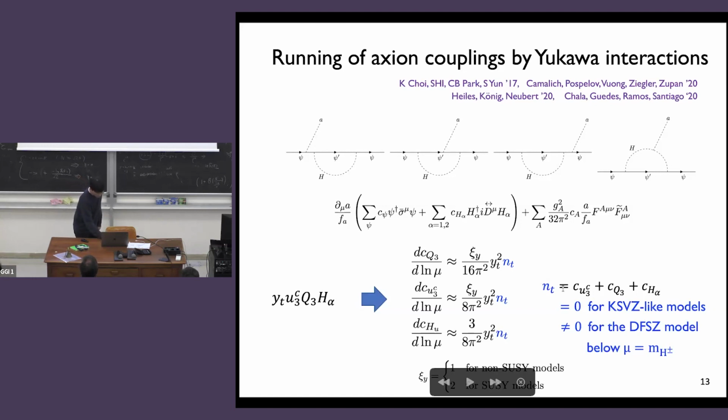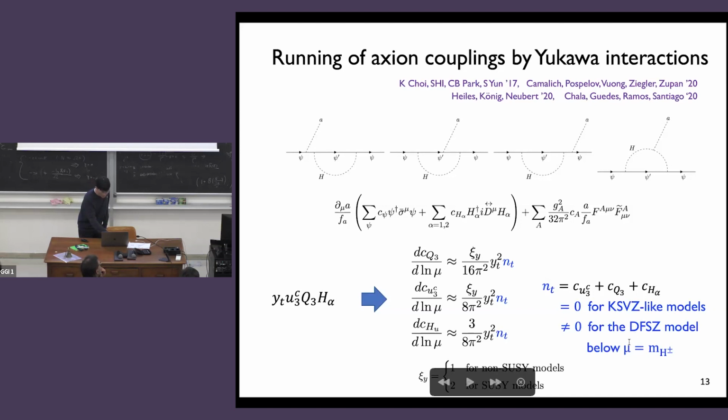So this quantity becomes non-zero when the heavy Higgs degree of freedom is integrated out. Because then the Peccei-Quinn charge of the standard model Higgs is different from the up-type Higgs Peccei-Quinn charge.